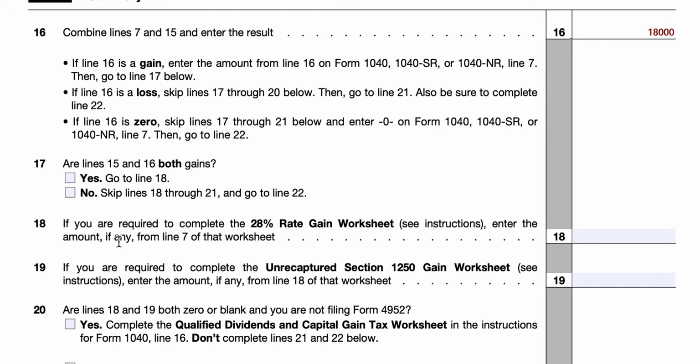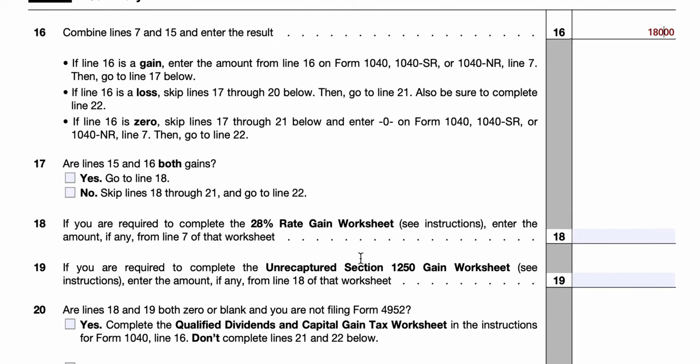This is the capital gain worksheet that you complete if there are collectibles. So that would also be reported to you on IRS Form 8949, and there is a separate 28% gain worksheet in the form instructions and in the article.